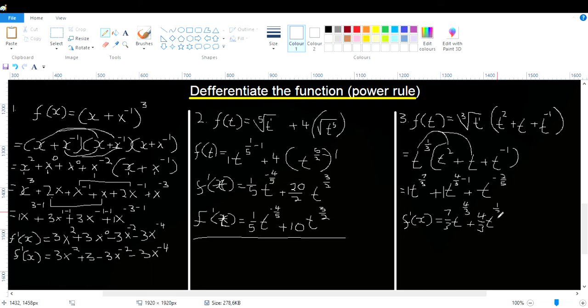Plus, here we have coefficient 1. Let's just multiply 1 times minus 2 over 3, which is equal to, also here we have minus, minus 2 over 3, minus by 1.